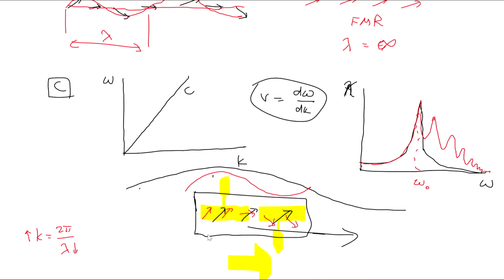The wave will propagate that way, bounce off this end of the material, propagate back and interfere with itself, and you will form a standing wave. Your magnetization oscillations will be very strong in this area and very strong in that area, and they will be out of phase. This goes up, this goes down. This is a standing wave, and that would correspond to this peak.